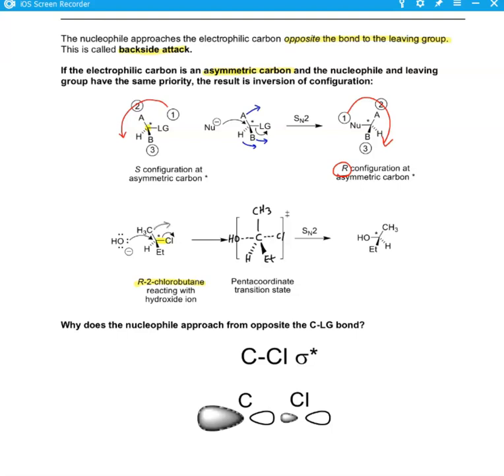And these three groups are going to move forward as the hydroxide approaches. The result, as shown on the far right, is an inversion of configuration. So pause the video again and come up with a name for this compound that includes the stereochemical designation of R or S. Once you've done that, you should come up with S-2-butanol as the name of the compound.